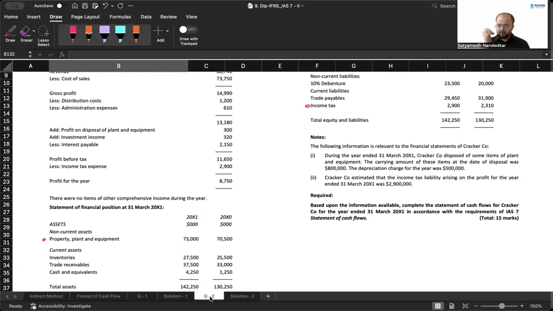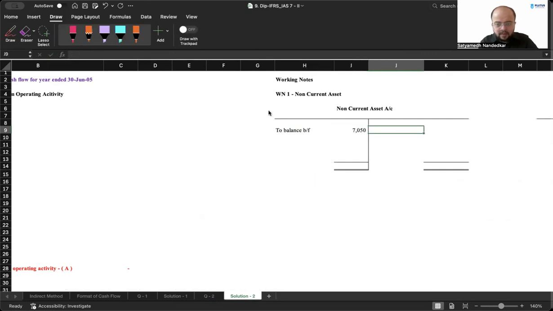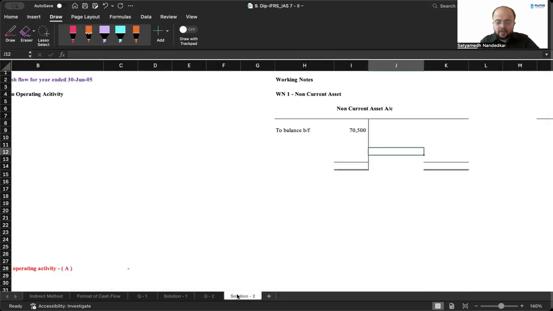They are after depreciation. Opening debit balance on the debit side: write down to balance brought forward 70,500. And what is the closing balance? It is a closing debit balance 73,000. Closing debit balance on the credit side: by balance carried forward 73,000.